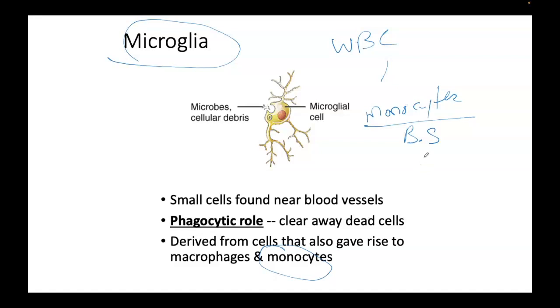When they're floating around in your blood vessels, if there happens to be damage in a tissue, like a muscle or an organ or a kidney or a liver or a brain, the monocyte leaves the bloodstream, goes into the tissue, and now it's called a macrophage. If the macrophage is in the brain, it's a microglial cell. If the macrophage is in the lung, it's called an alveolar dust cell.